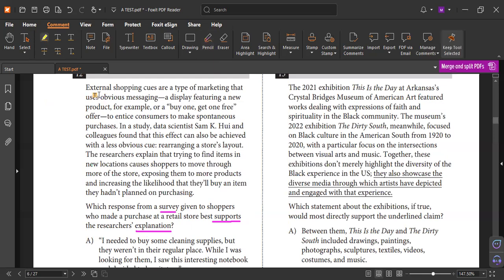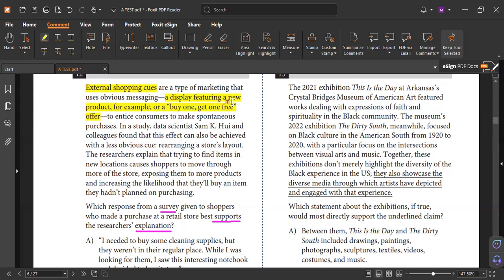So external shopping codes are a type of marketing that use obvious messaging. He explained to me what it means. He used linking verbs to describe. Okay. And then emphasized the information to tell me what obvious messaging means.